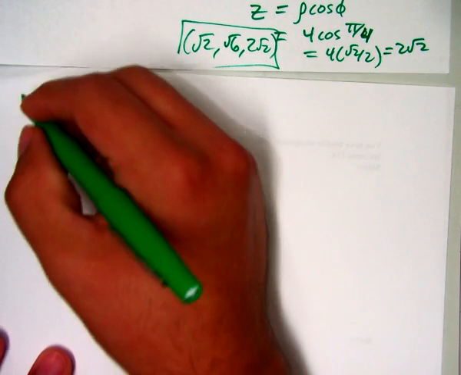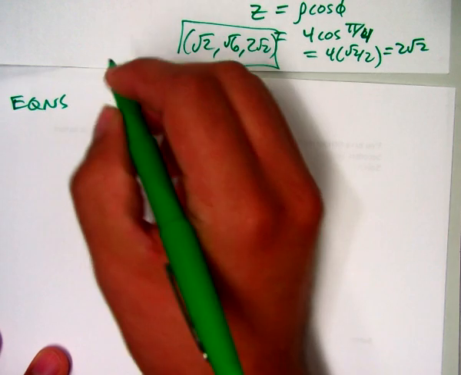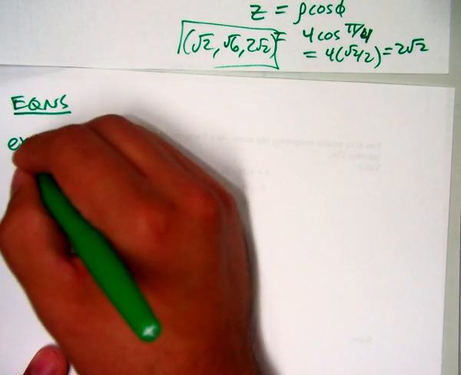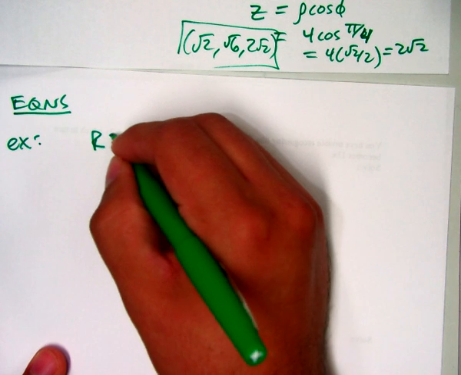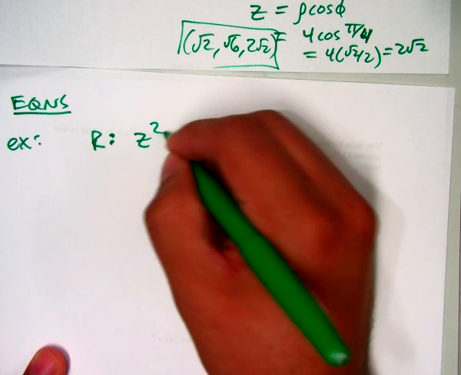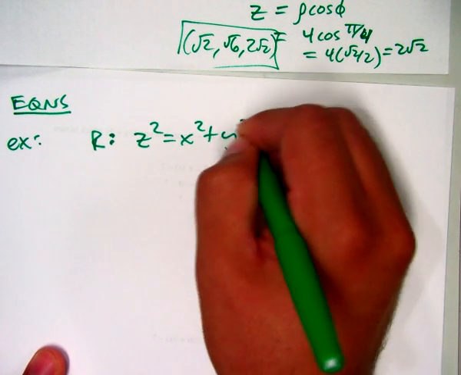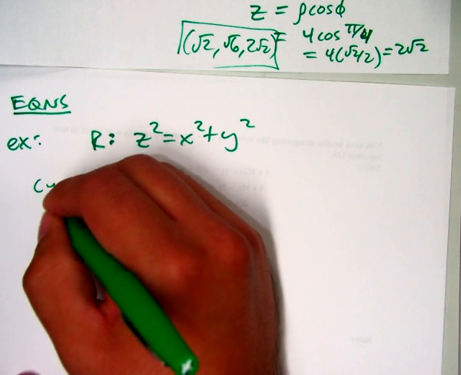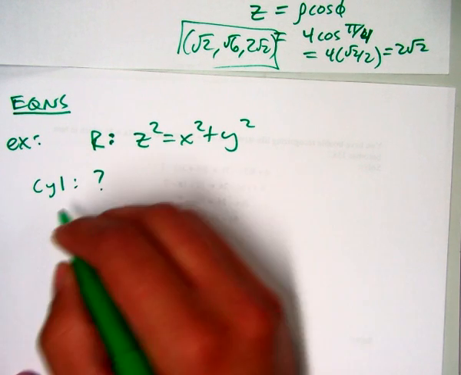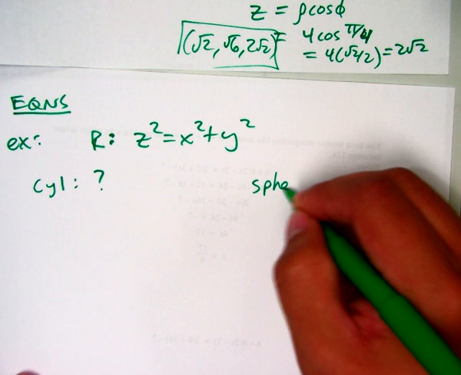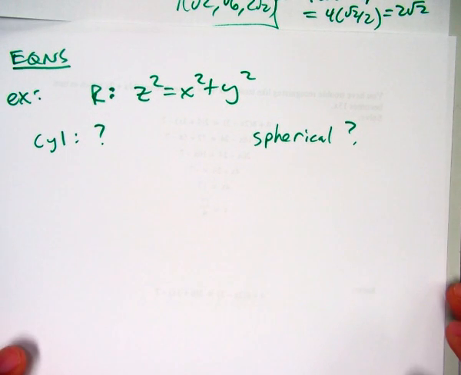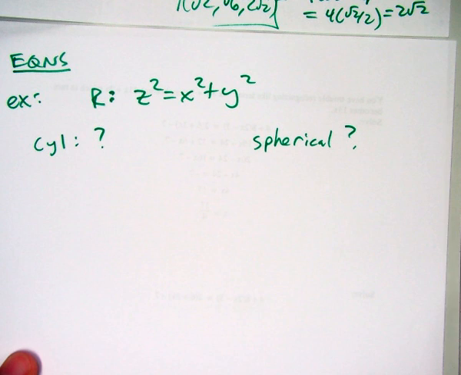So equations. Let's say I have the rectangular equation z squared equals x squared plus y squared. Let's go ahead and find one in both cylindrical and spherical. Well, in cylindrical, do we want z's?